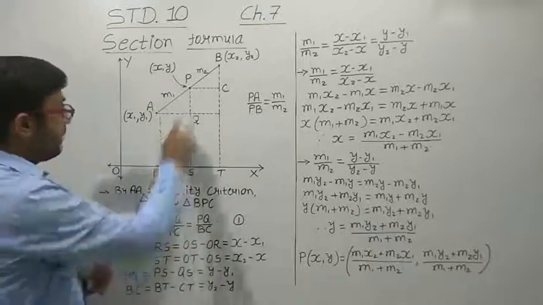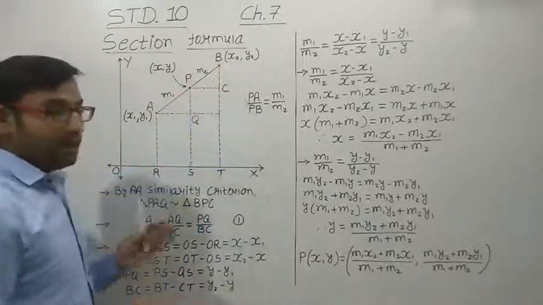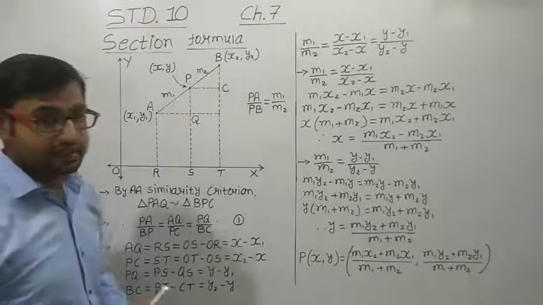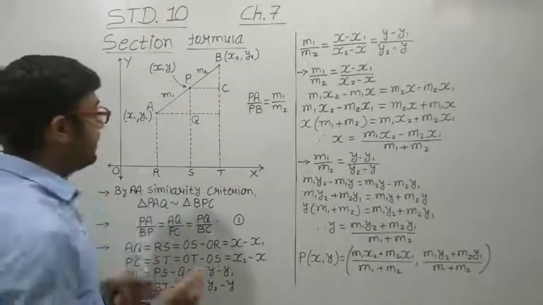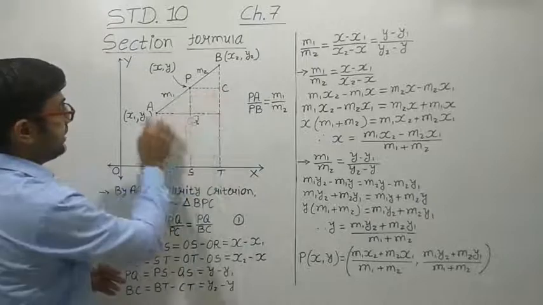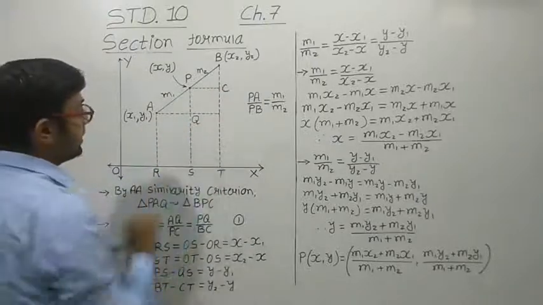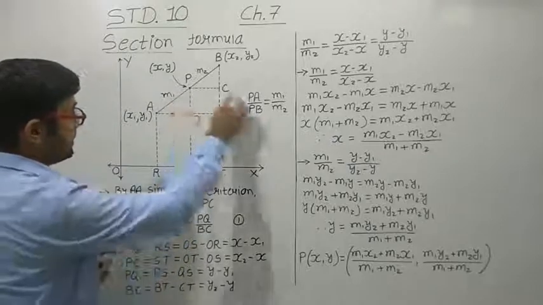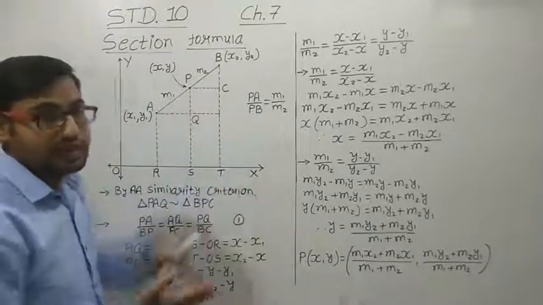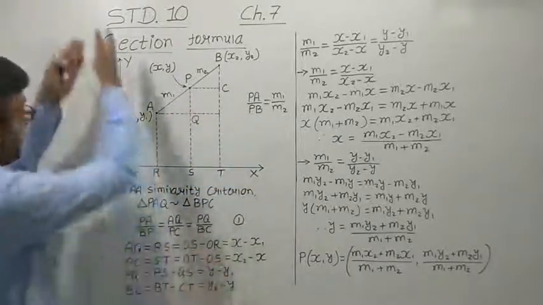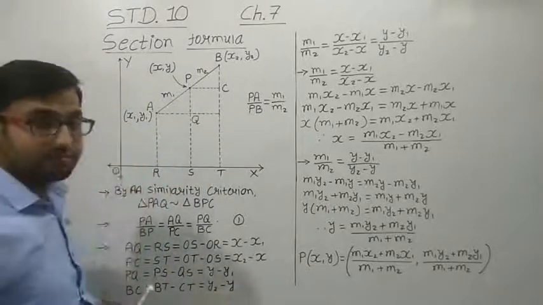So AR, PS and BT are all perpendicular to the x-axis. In the same way, now draw PC and AQ line segments. PC and AQ are parallel to the x-axis, or we can say they are perpendicular to the y-axis.